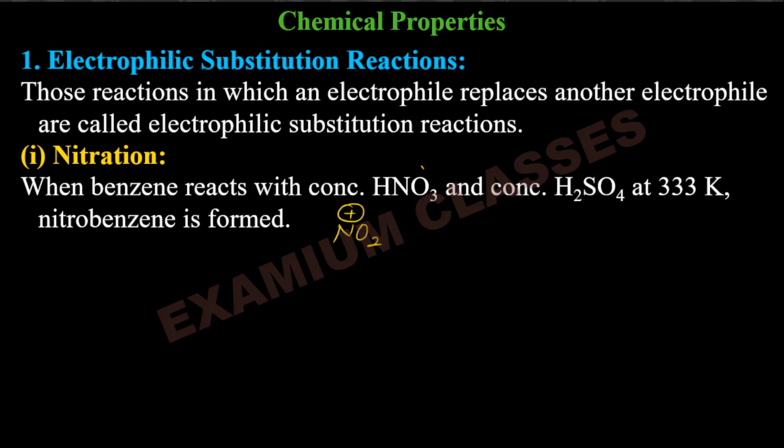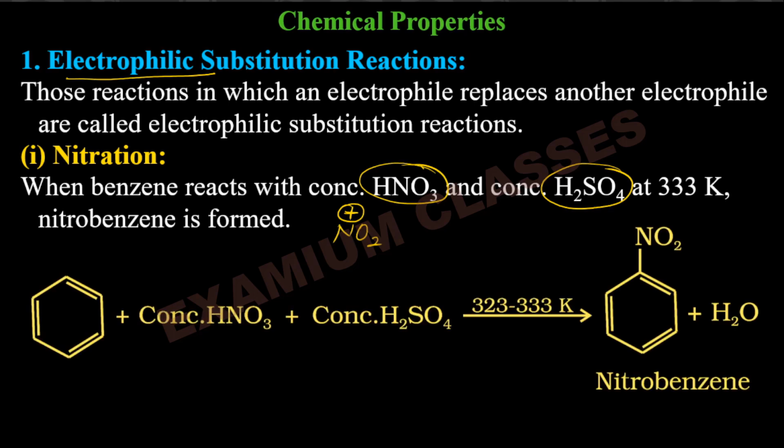Remember it is electrophilic substitution reaction, so there must be some electrophile generated. The electrophile generated here is nitronium ion, which has positive charge. Actually, H2SO4 and HNO3 reaction is required. This is something I will be talking about in the mechanism later on when I talk about electrophilic substitution reaction mechanism.